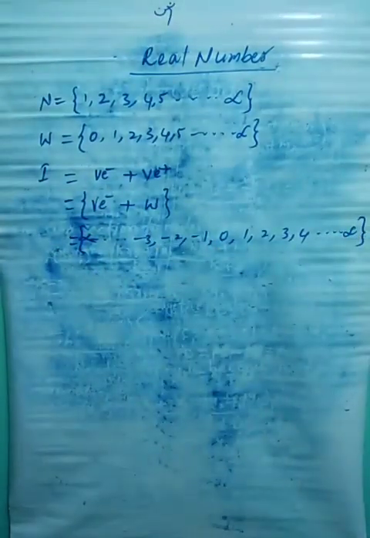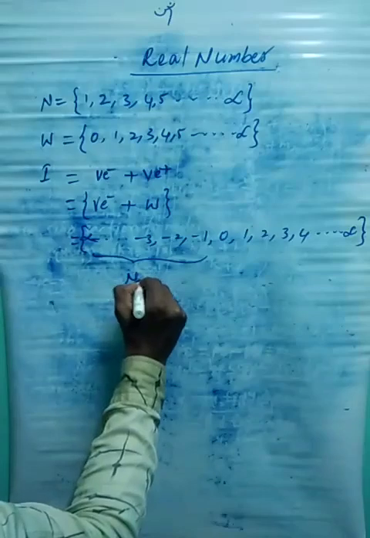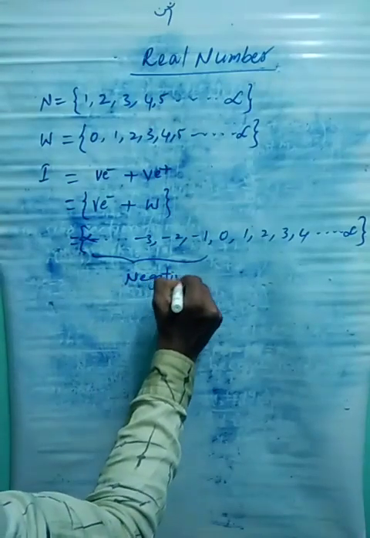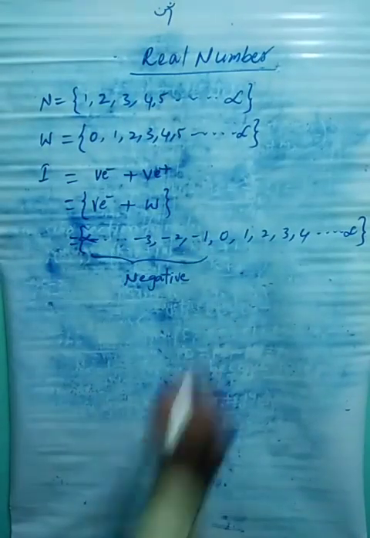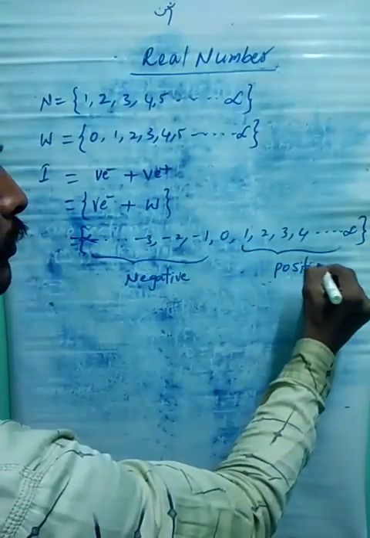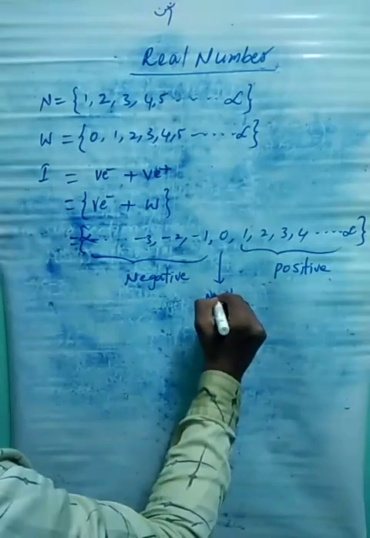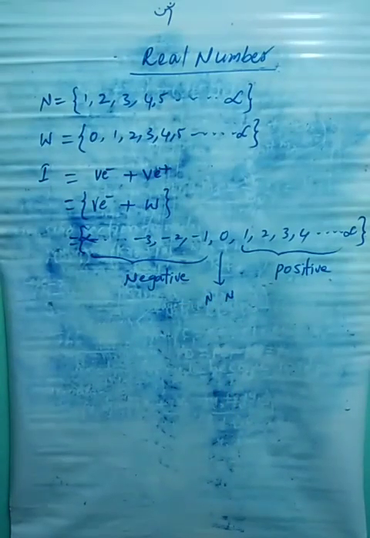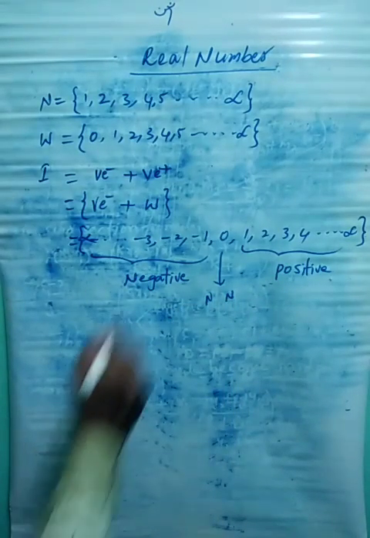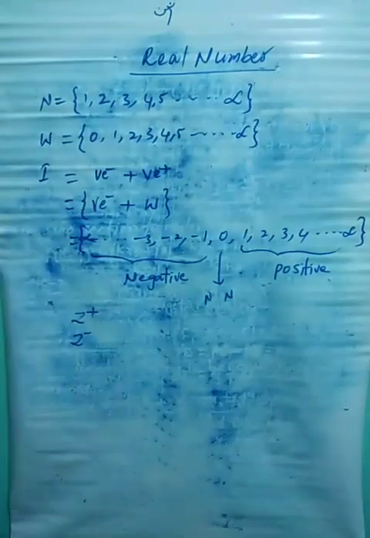Integers are denoted by the capital letter I or Z. These are negative numbers because they indicate the minus value, and these are positive numbers. And 0 is neither negative nor positive.